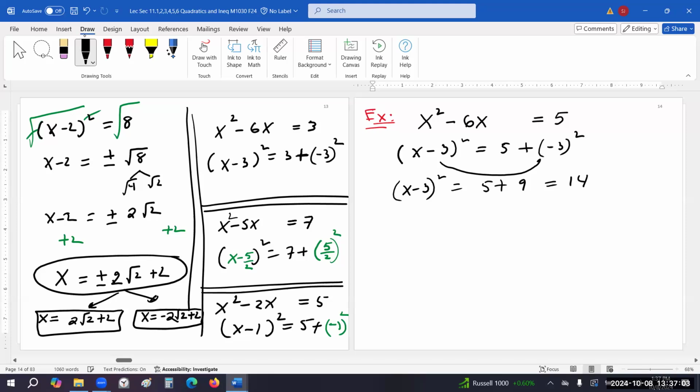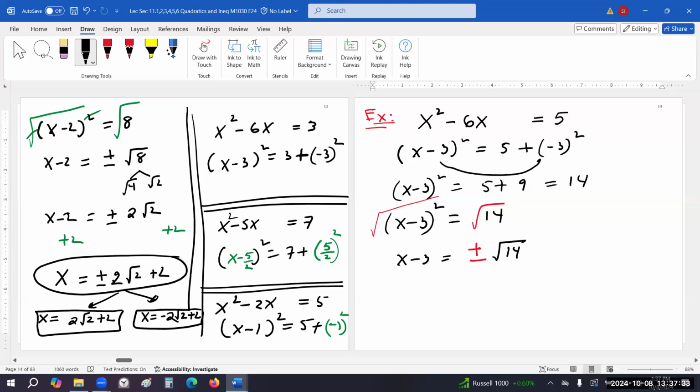That gives us 14. x minus 3 squared is 14. So to get x, we take the square root. And when we take the square root, the right side of the equal sign gets plus or minus. So x minus 3 is plus or minus the square root of 14.